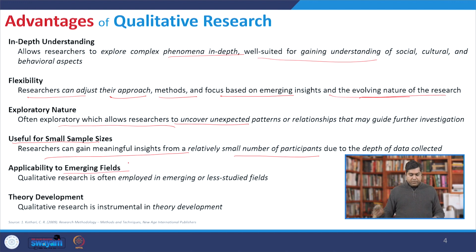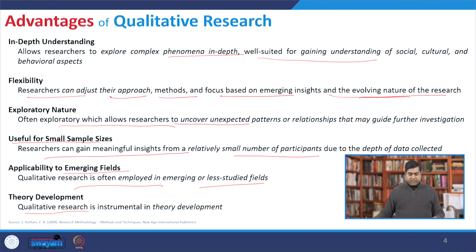Then its applicability to emerging fields, as I have already told in the previous point, is that it is very helpful for exploratory research. At the same time it is very useful for emerging fields, where you can apply this kind of method to get first-hand results, or fields where very limited literature is available.